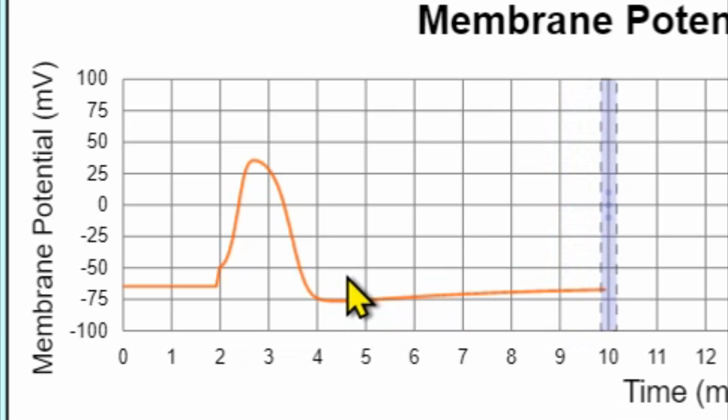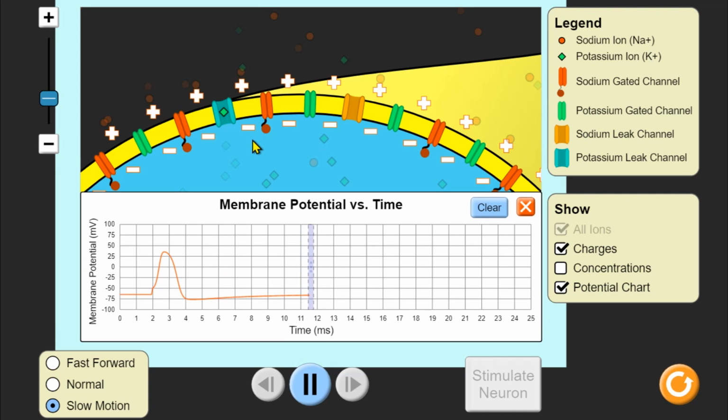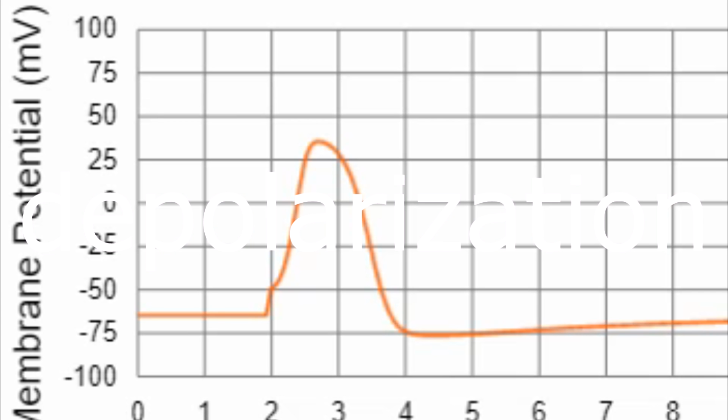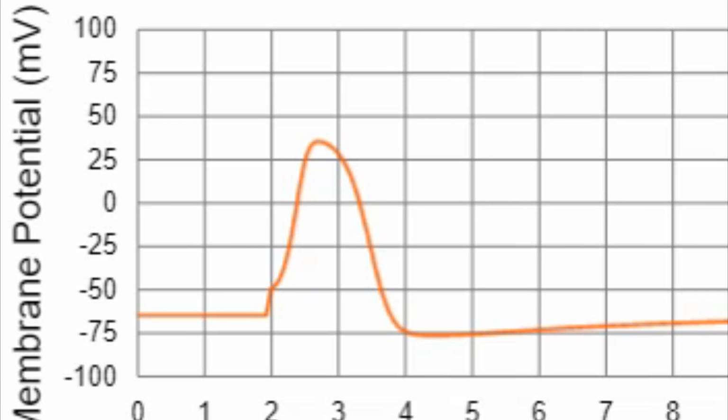Now let's look at the graph. That point there, where the inside of the axon becomes positive because all the sodium flows in, is called depolarization. And when depolarization occurs, that's when you see this rise in the graph until it reaches the positive region.